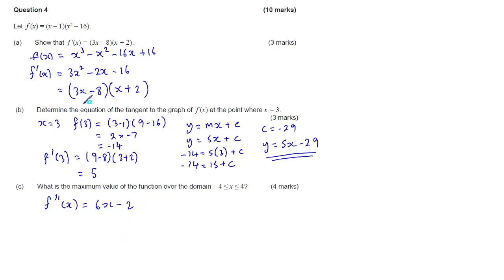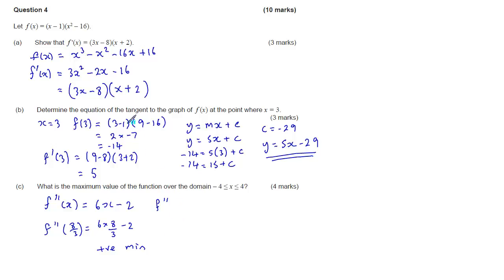And here x could be 8/3, so f double dashed of 8 over 3 would be 6 times 8 over 3 take away 2. So that's going to be positive, and so that one's a minimum, so we don't need to worry about that.